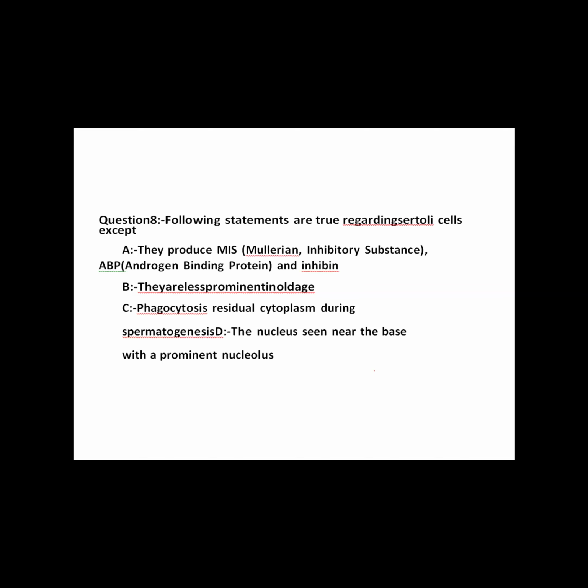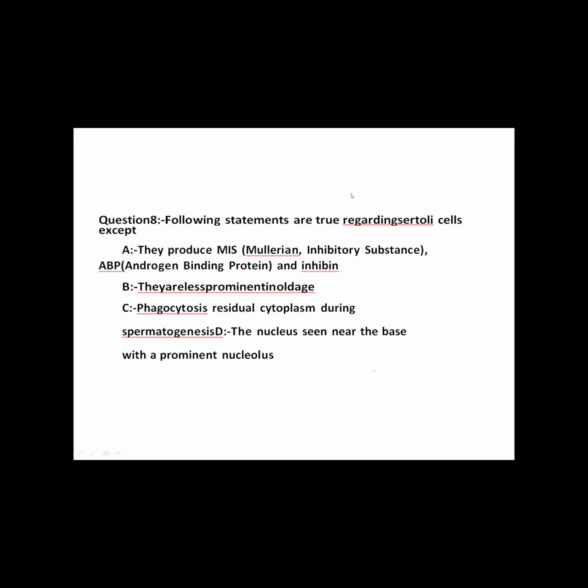And option D, the nucleus seen near the base with a prominent nucleolus. Right? So you need to identify the incorrect statement for the Sertoli cells. Anyone who would like to answer? Okay, let's see. Okay, Dr. Shalini says option C.